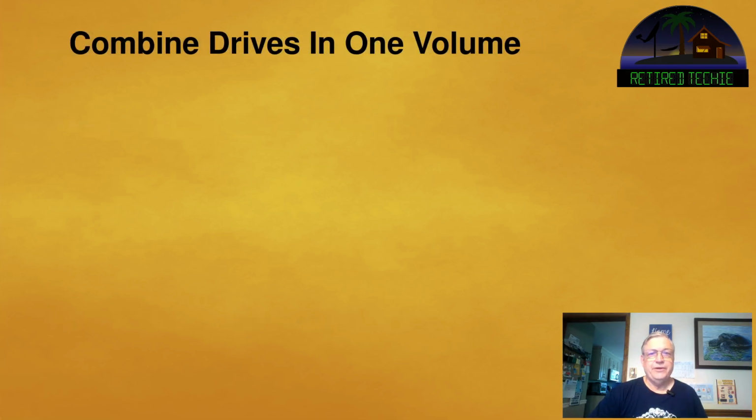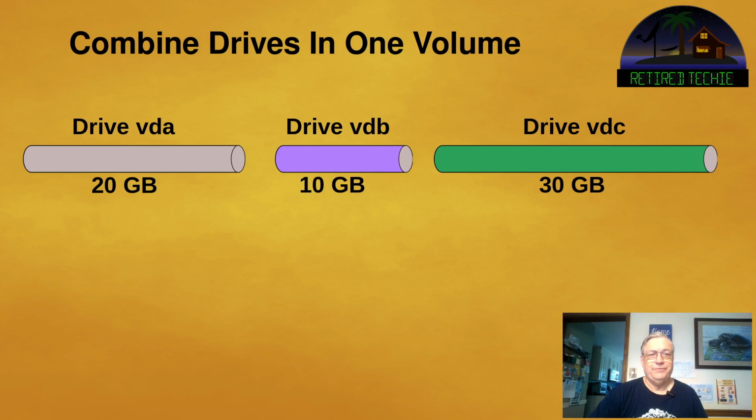Okay, the other thing we want to do here is combine our 3 drives. Now, there are a couple different ways to do this. We've got drive A, VDA, which has 3 partitions on it right now. These include our EFI partition, our swap partition, and then in our VDA2, we have our root and our home subvolumes.